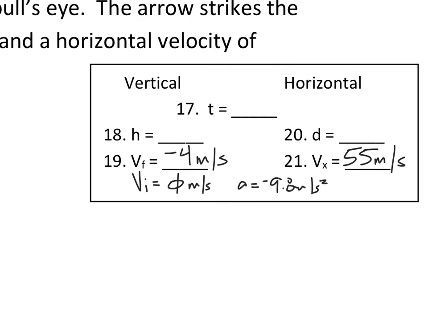Okay? So I want to solve for time. I know the initial velocity, I know the final velocity, and I know gravity. So to solve for t, I'm going to use the equation A equals VF minus VI divided by t.